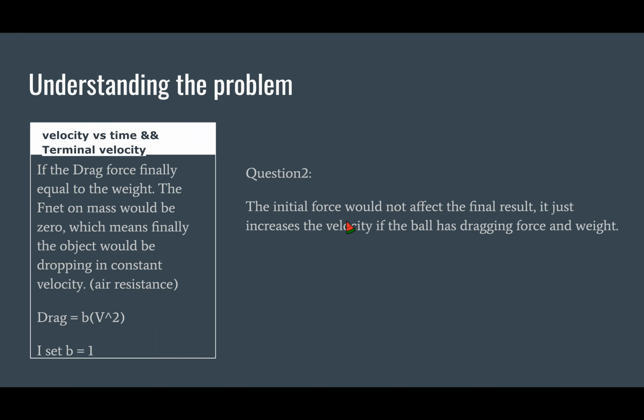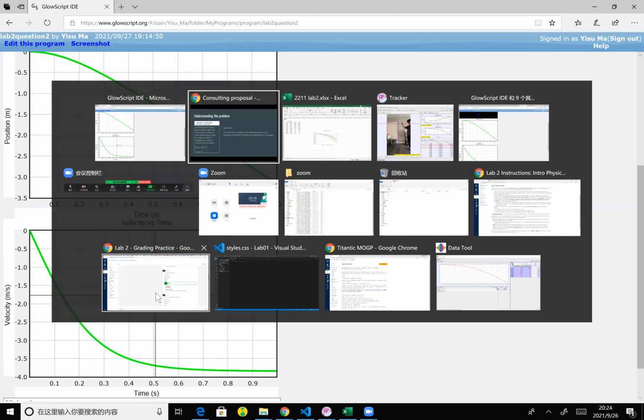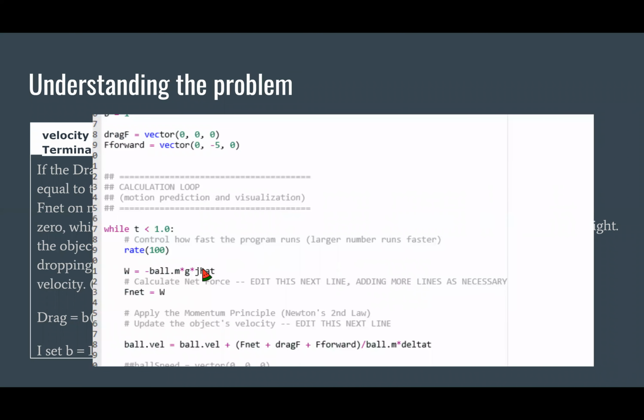For question 2, let me show you my new model. Here is the result. I modified the code, so we would have an F forward, which is the F initial, and since F initial only increases the initial velocity, the drag force may still finally equal the weight.